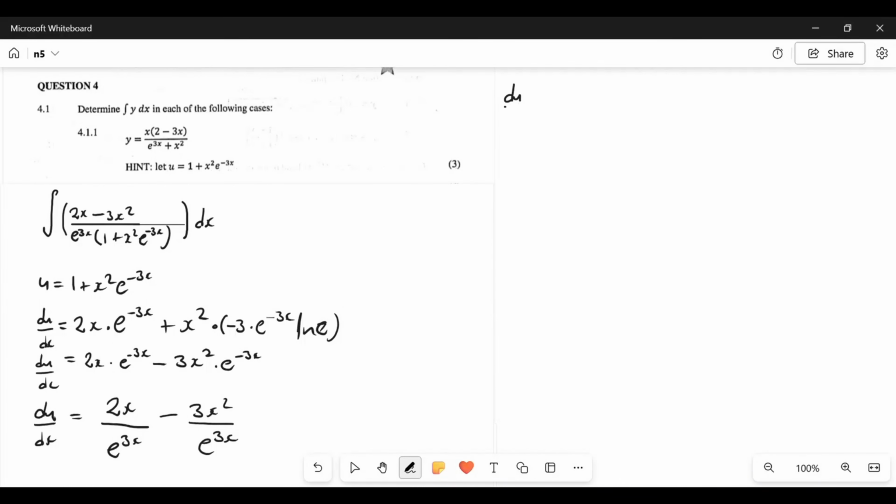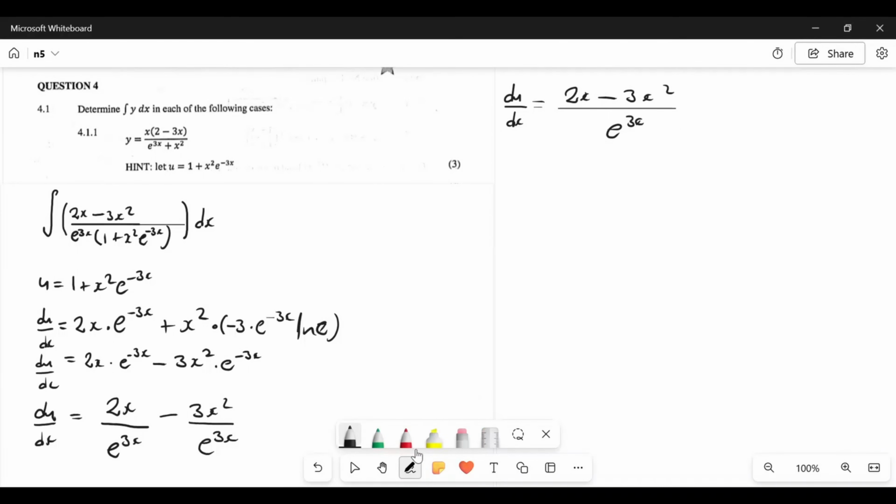Let me continue here at the top. We have du over dx, right? Now, if you look at our denominator, it is the same there. We have e to the power of 3x for both the terms here. So all this is divided by e to the power of 3x, and on the numerator we have 2x minus 3x squared. There we go.